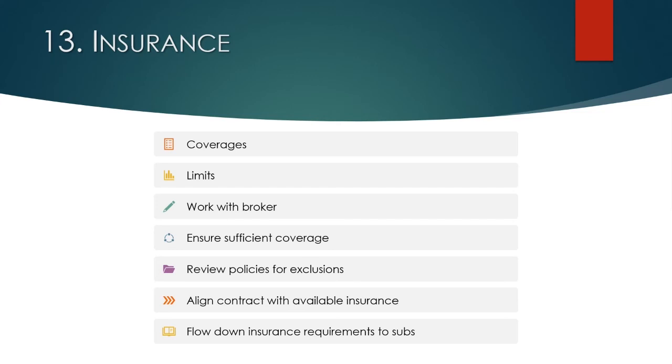And a lot of times those same requirements flow down and are referenced in the prime contract that your subcontractors are required to provide. So make sure that you're looking at both the prime and the sub and making sure that your sub can get the coverage required and they provide it.